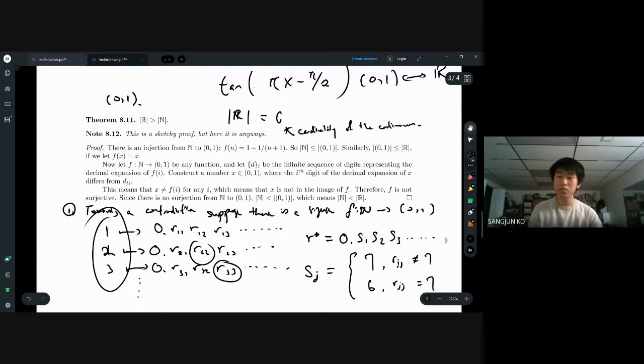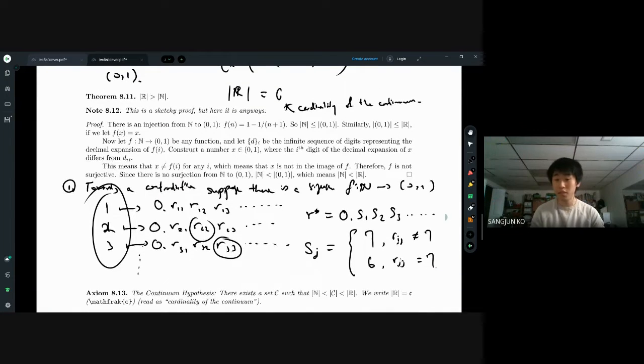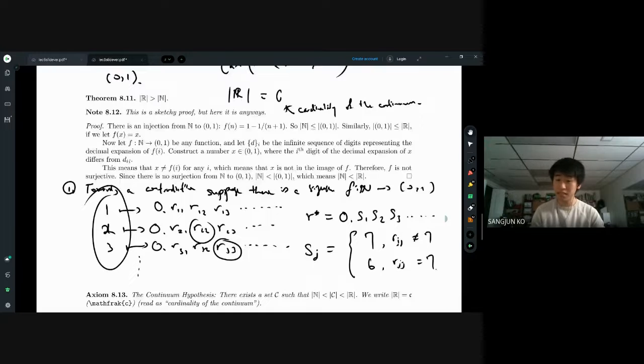And you might be asking yourself, is there any cardinality between the cardinality of the continuum and the cardinality of the natural numbers? This was the continuum hypothesis. Does there exist a set such that its cardinality is between that of the natural numbers and that of the real numbers?